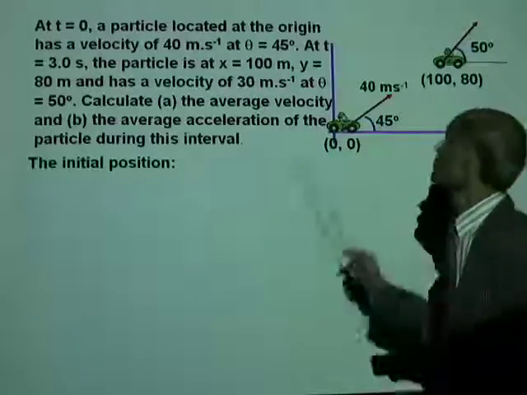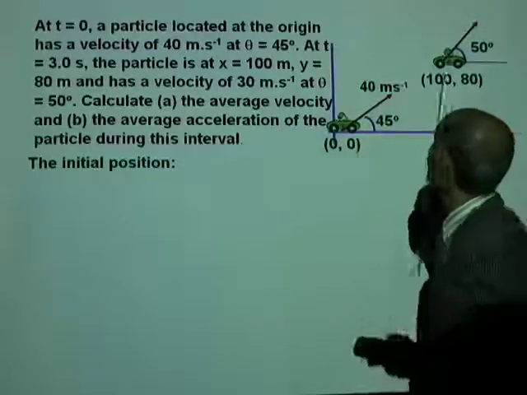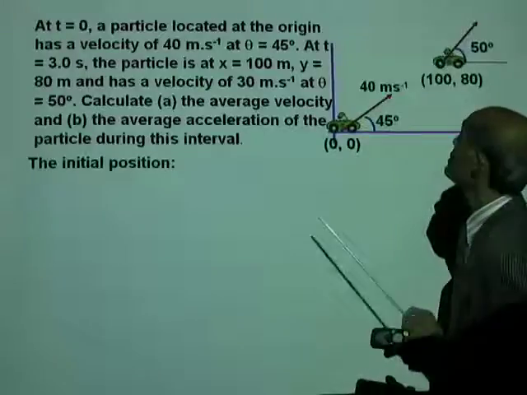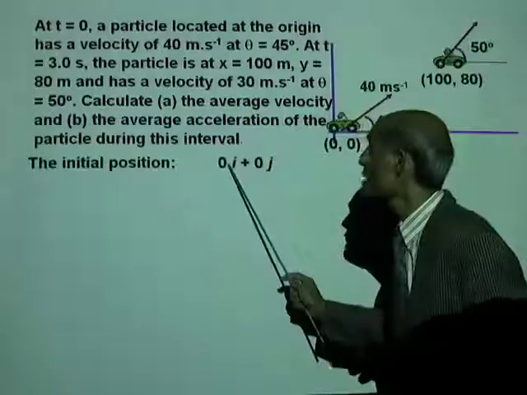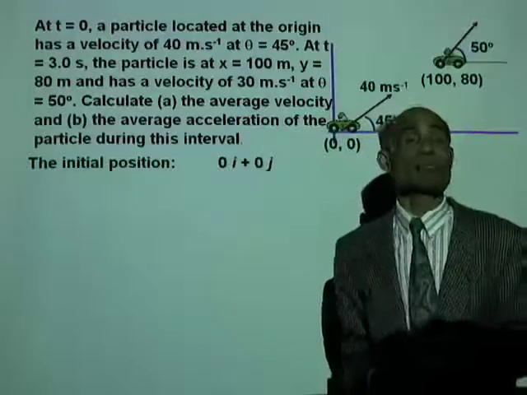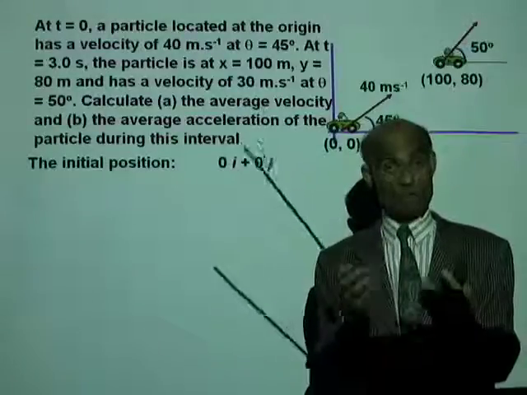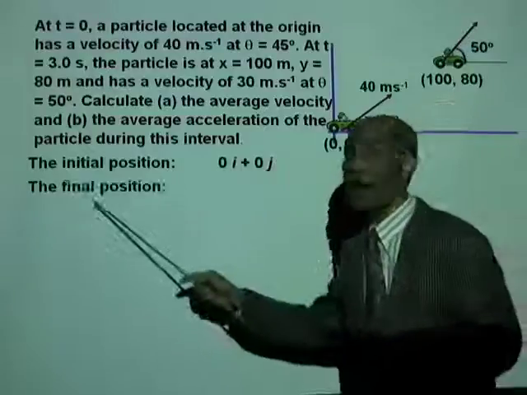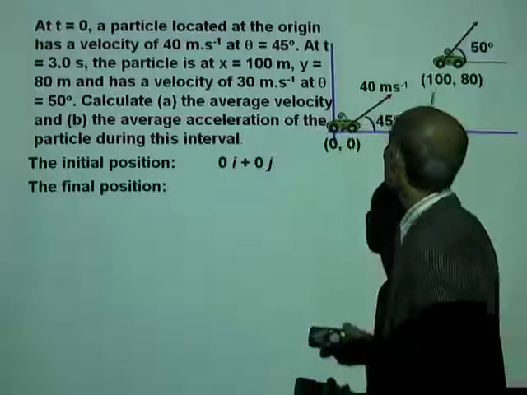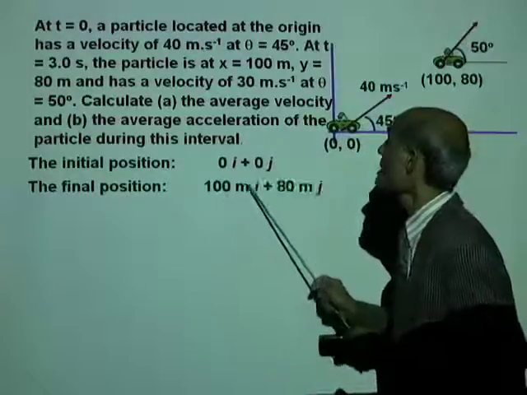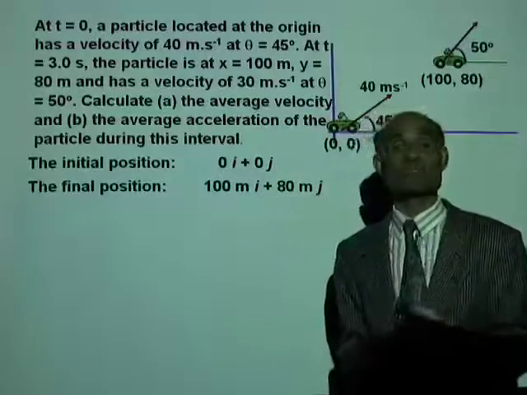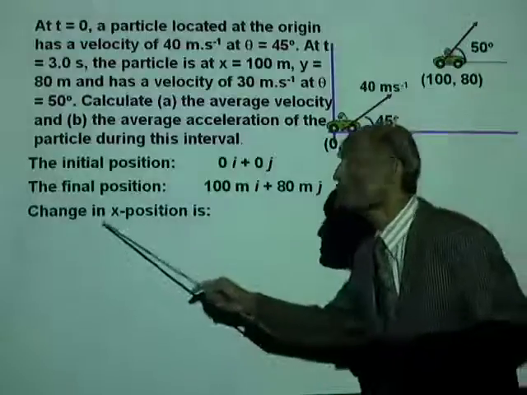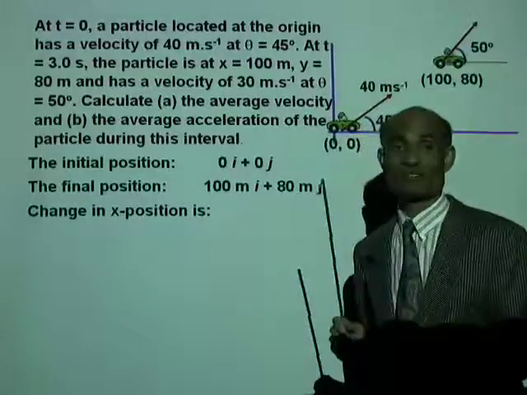All right. So now we have all this data. This is the velocity, 30 meters per second. The initial position is 0 i plus 0 j. It's the origin. The final position is 100 meter i plus 80 meter j, and therefore what is the change in the x position?